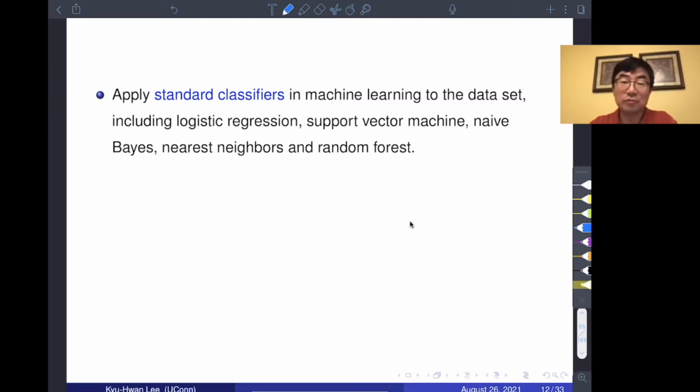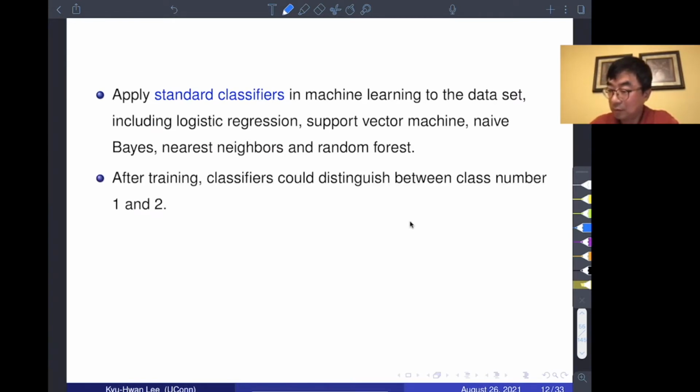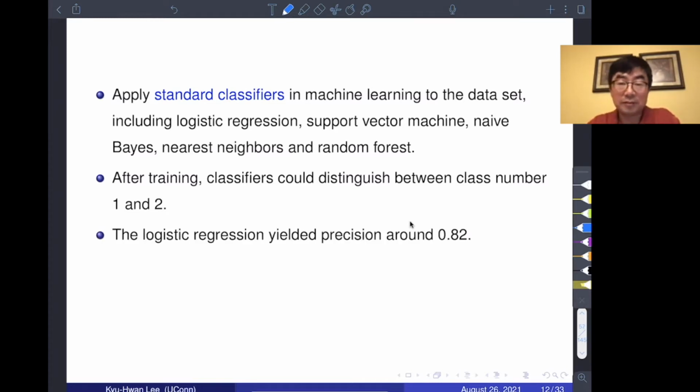But we didn't do a neural network or the convolution neural network because we already obtained very nice results, and then we just stopped there. So after training, classifiers could distinguish between class number 1 and 2. So that was an exciting observation.